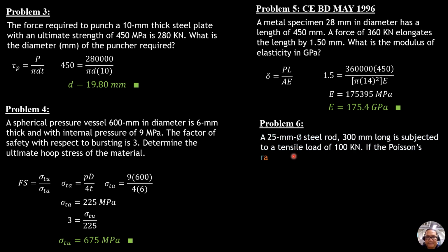A 25 mm diameter steel rod, 300 mm long, is subjected to a tensile load of 100 kilonewtons. If the Poisson's ratio is 0.33, determine the lateral strain of the rod.